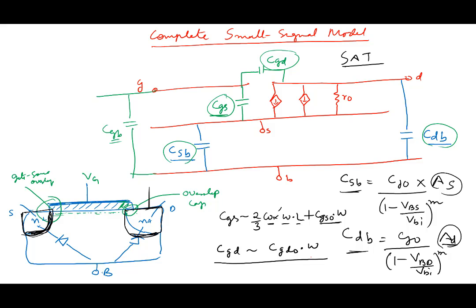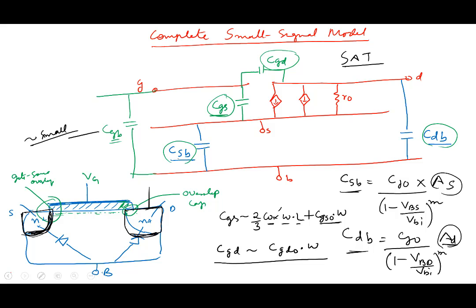Alright, so these four, and CGB here is usually very small. Most of the time we don't take that into account. Anyway, to use the full high frequency model, we need to find CGS, CGD, CSB, CDB. Now most of the time, you may find that source and body are shorted together, so this capacitance then gets shorted.